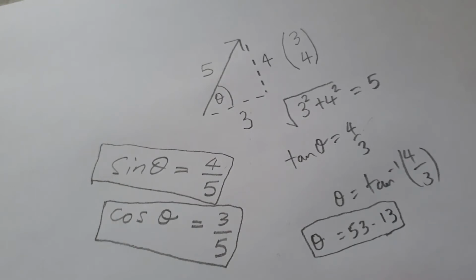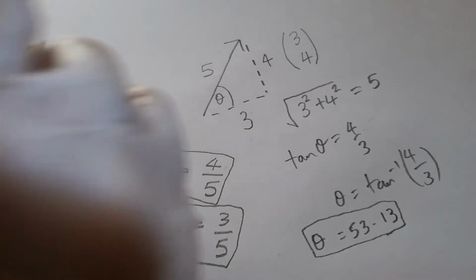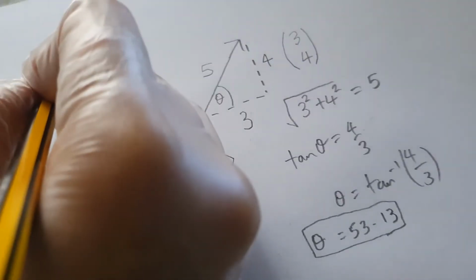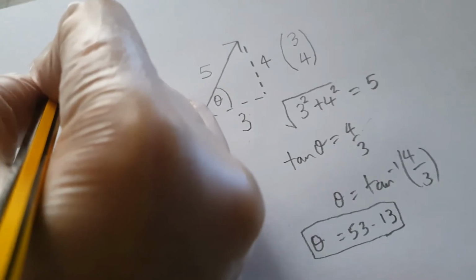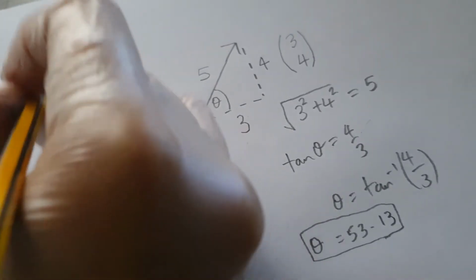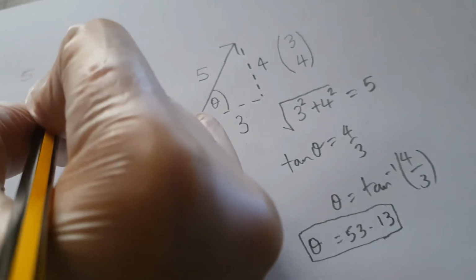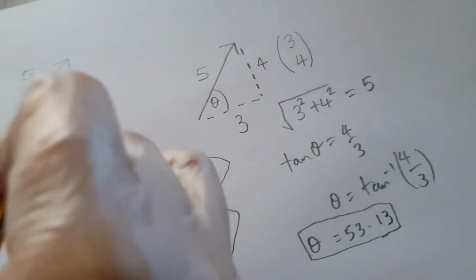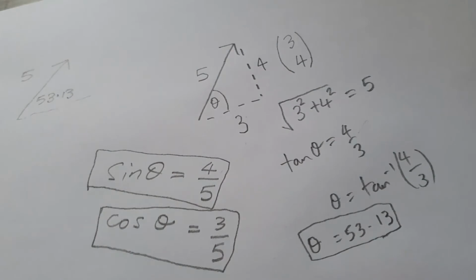Right, so let's just say that you were just given the angle and the 5, the magnitude. So if I was to draw it, if you were just given 5, and then you're given the angle 53.13, how would you work out the horizontal component?